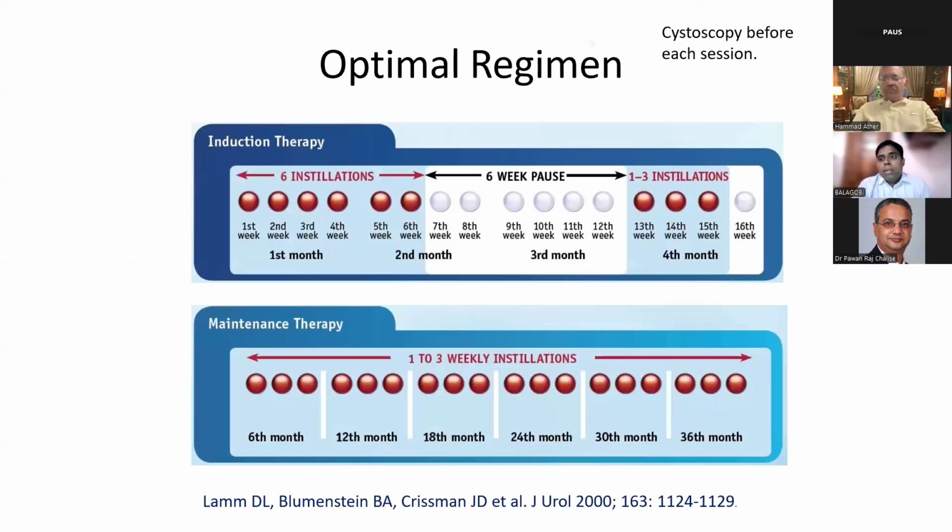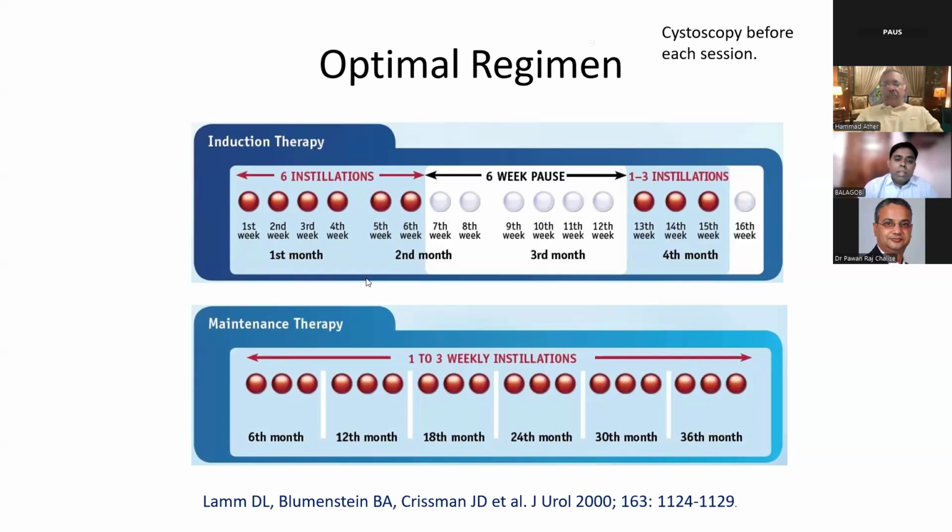So there are different BCG regimens used. The well-recognized one is the LAMP regimen, where the induction is weekly, 6 weeks of induction. Then there's 6 weeks of free time. Then weekly 3 weeks of maintenance at the end of the 3 months or start of the 4th month.